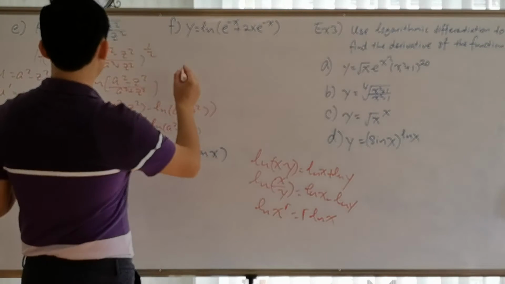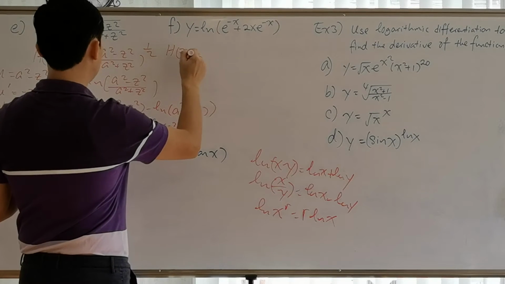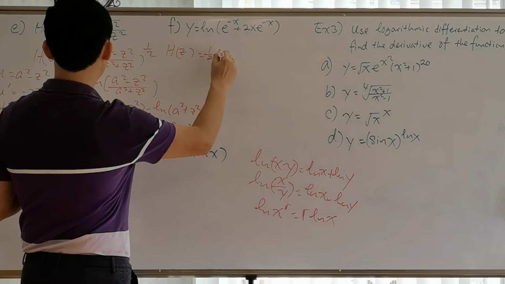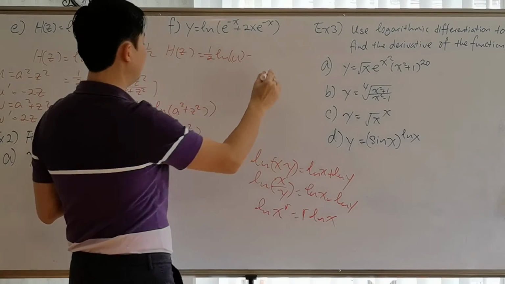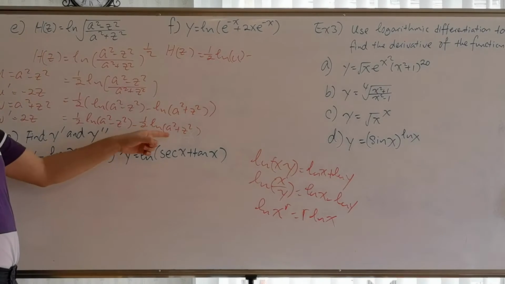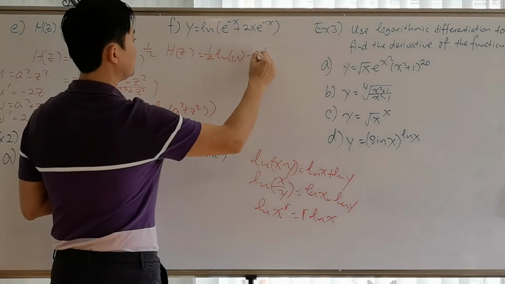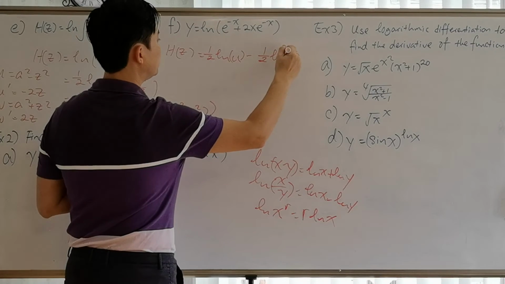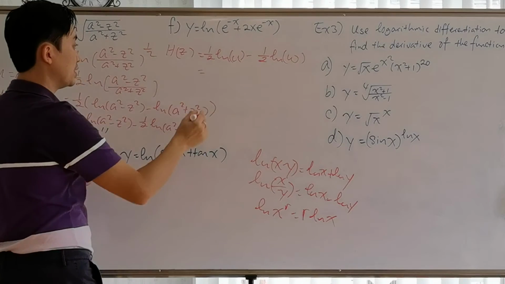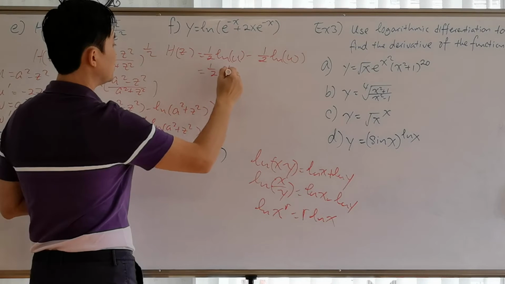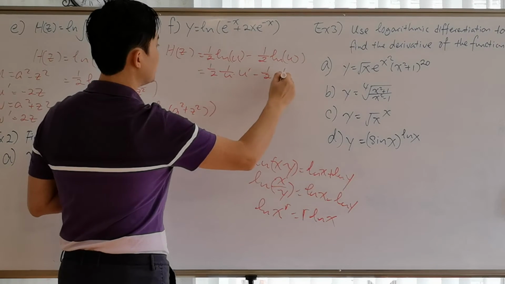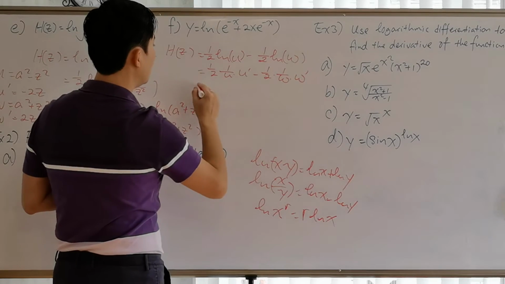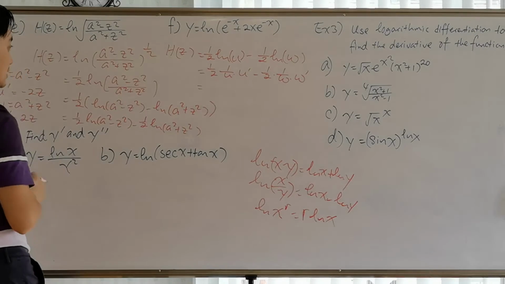Rewrite it, so this one is h of z, which equals 1/2 natural log of u minus 1/2 natural log of w. And then differentiate from here: 1/2 times 1 over u times u prime, minus 1/2 times 1 over w times w prime.